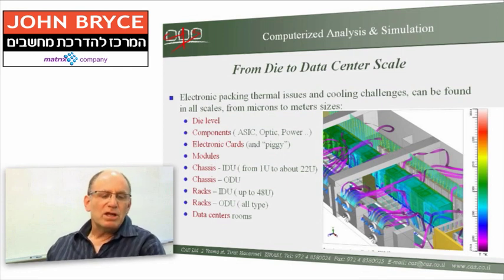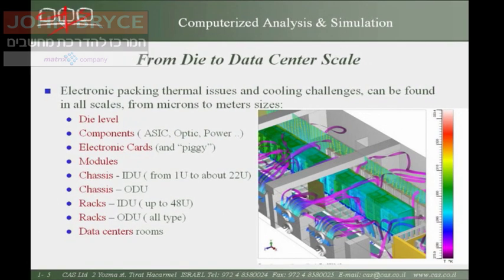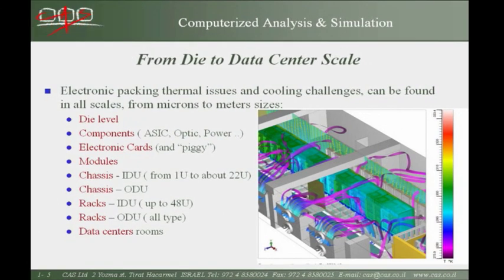Electronic packaging thermal issues and cooling challenges can be found at all scales, from microns to meter sizes. From the die level in the components, at all components like IC components, optic components, power components.